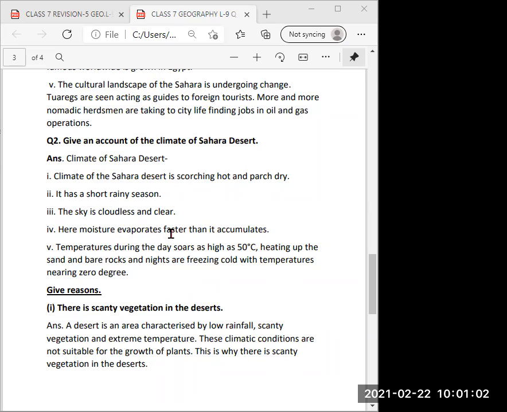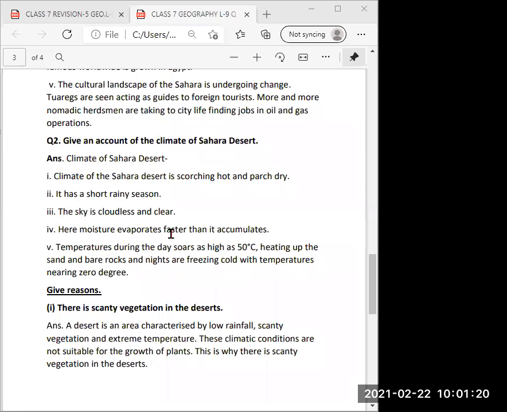Now, for your third point you will write down about the sky. First you have to write down about the climate of Sahara, hot and parched dry, completely dry. Second, about the rainy season, a short rainy season.